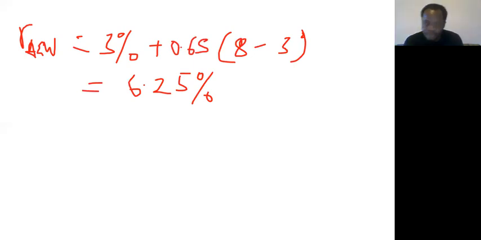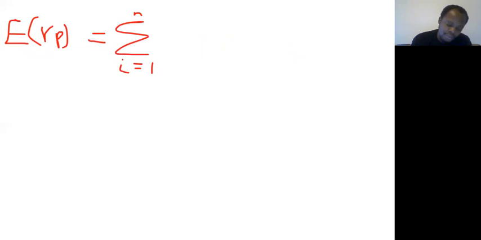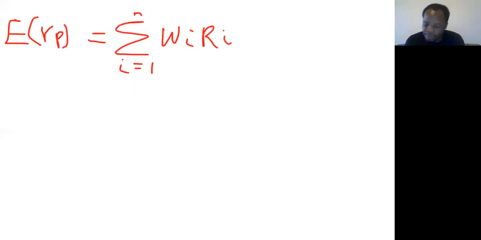Now the B part. Let's look at the B part again. The B part is using your answer from part A, calculate the expected return of the portfolio. So the expected return of the portfolio is equal to the summation of I equals 1 up to the n assets, the weight of I multiplied by the return on I. In our case, we have 3 assets and we know their respective weights.